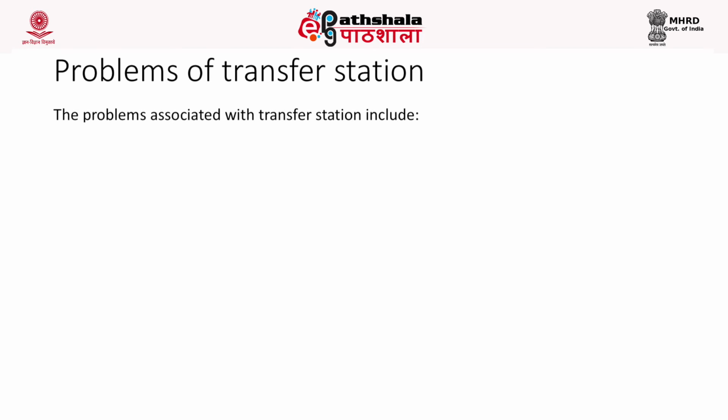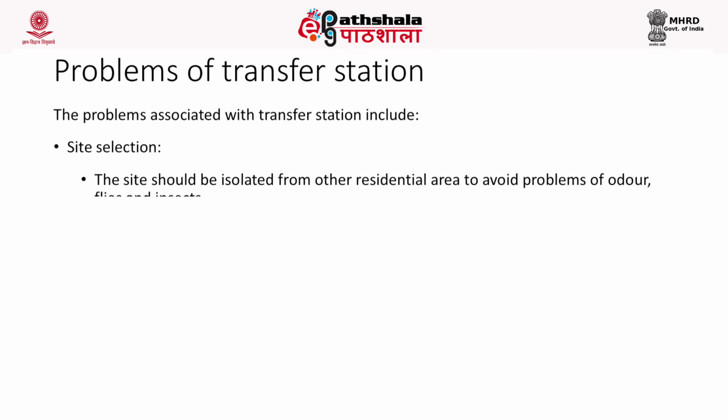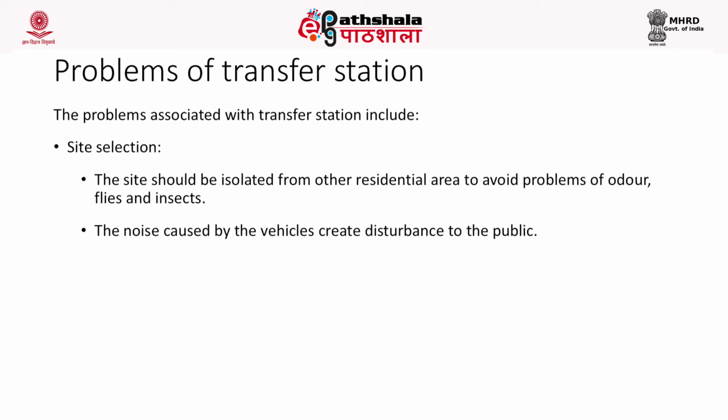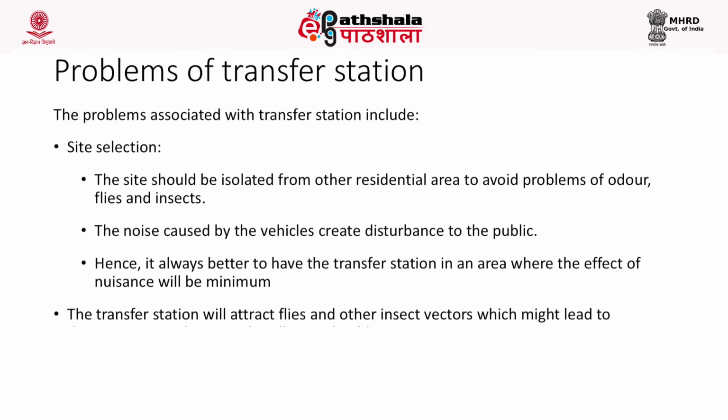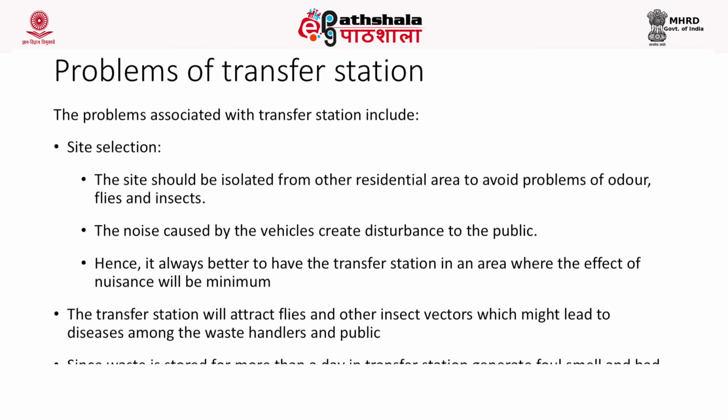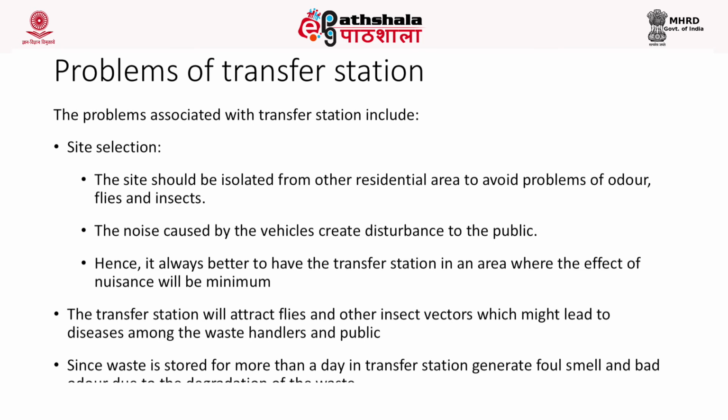Now, there are a lot of problems which are associated with transfer stations. Let's look into the various problems. First, site selection. It is essential for us to choose a site which is generally isolated. The site should be isolated from residential areas to avoid problems of odor, flies and insects. The noise caused by the vehicles creates a huge disturbance to the public.